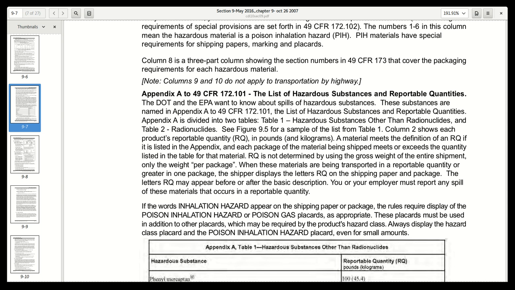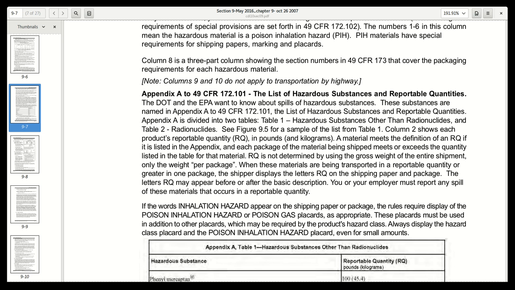A material meets the definition of an RQ if it is listed in the appendix and each package of the material being shipped meets or exceeds the quantity listed in the table for that material. RQ is not determined by using the gross weight of the entire shipment, only the weight per package.